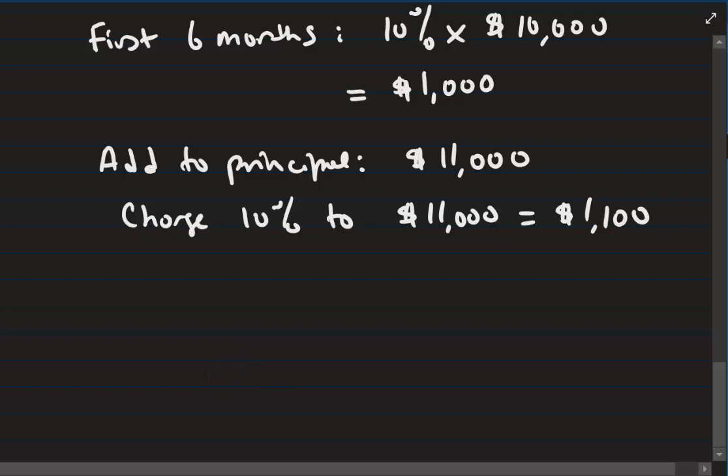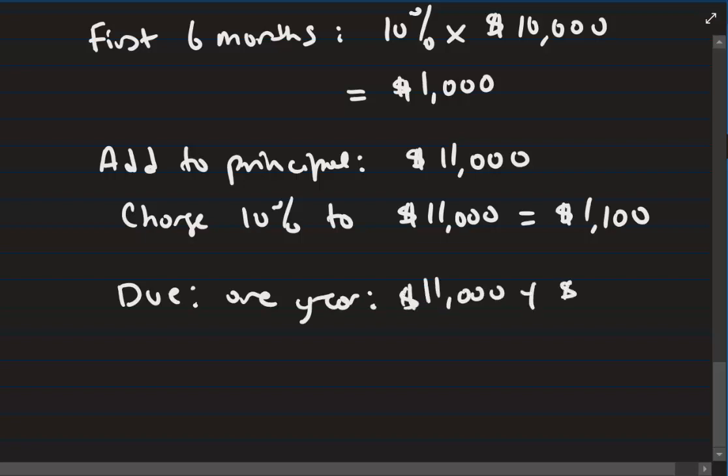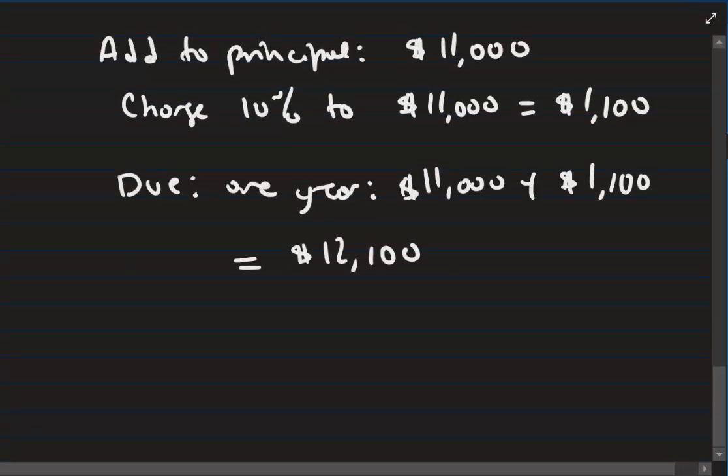That means what you are due at the end of 1 year is 11,000 plus 1,100, and that's 12,100.